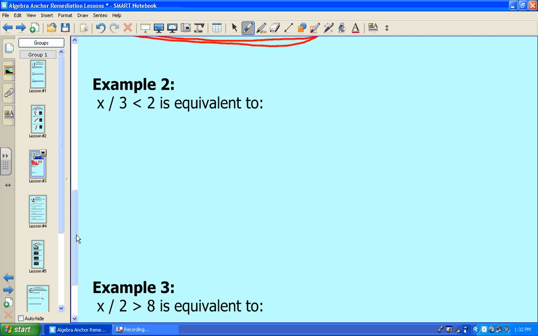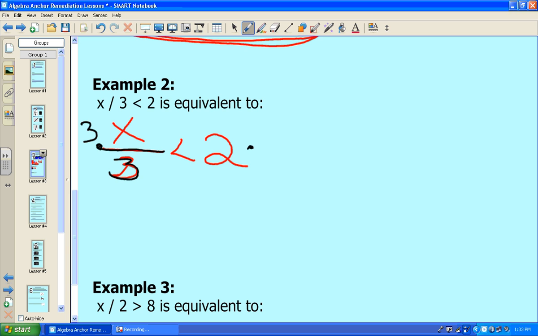Okay, example 2. Rewrite that as x divided by 3 is less than 2. Okay? Once again, you have a divided by 3 on the left side that you don't want there. So to undo division, you want to do multiplication on both sides.